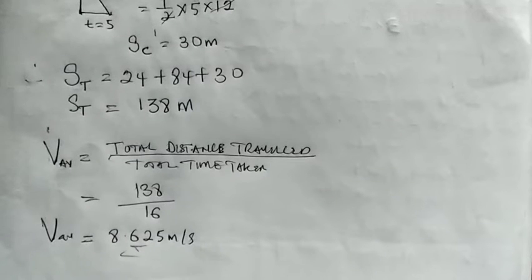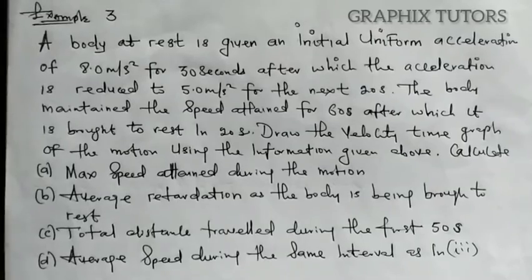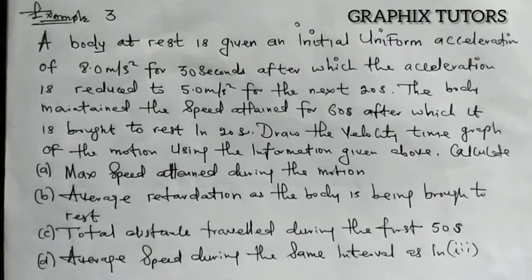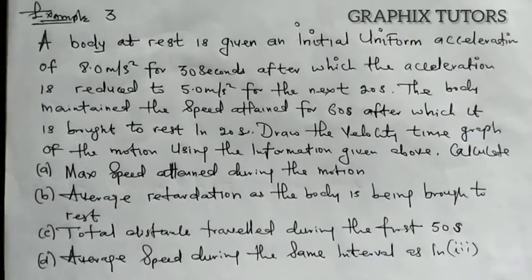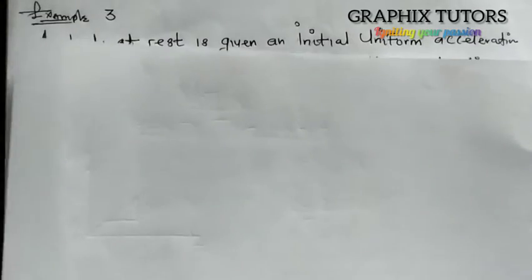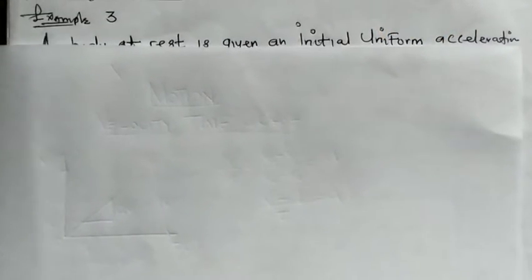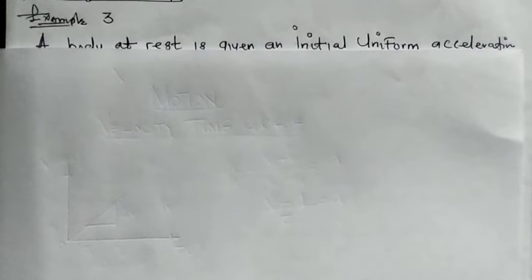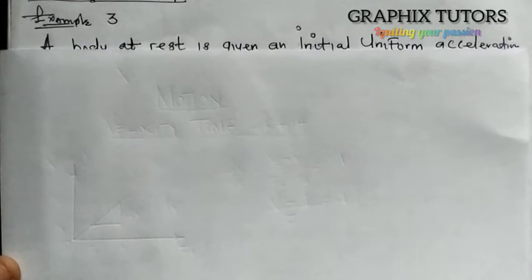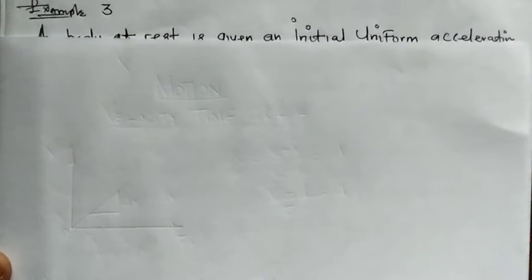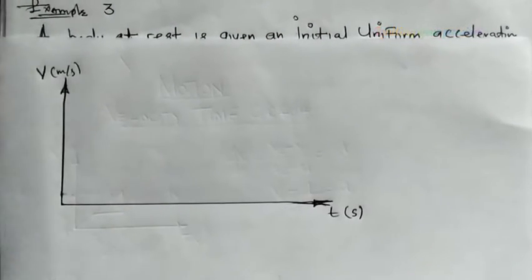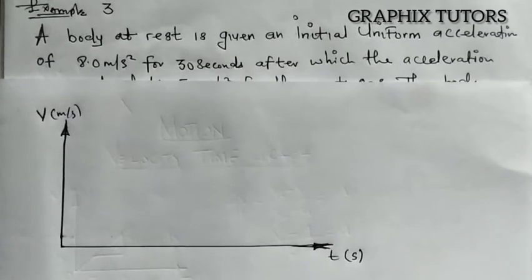Now the third example is this. It said a body at rest is given an initial uniform acceleration of 8.0 meter per second square. So what you simply do here, since it is a graphical method of representing motion, you are going to draw your velocity against time. If you look at it very well, it says the body at rest.